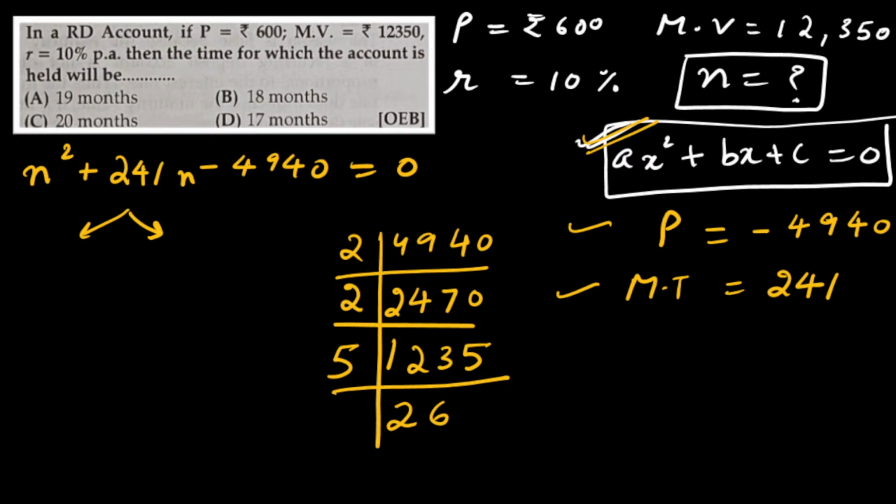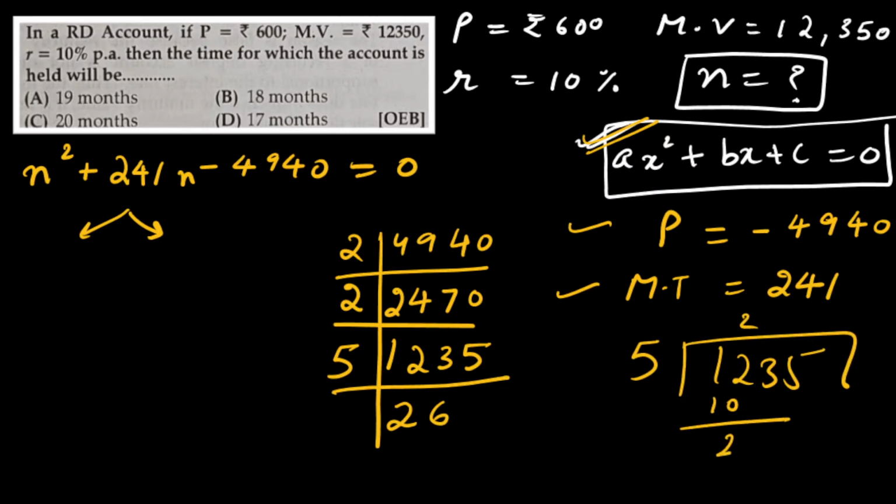Anyone else who is doing it with splitting the middle term? So let's make the factors, it will not take time. Factorization we can do of the product term. So 4940: 2 into 2470, 4 into 1235, 5 into 247. 5 into 2 is 10, 5 into 4 is 20, 5 into 7 is 35.